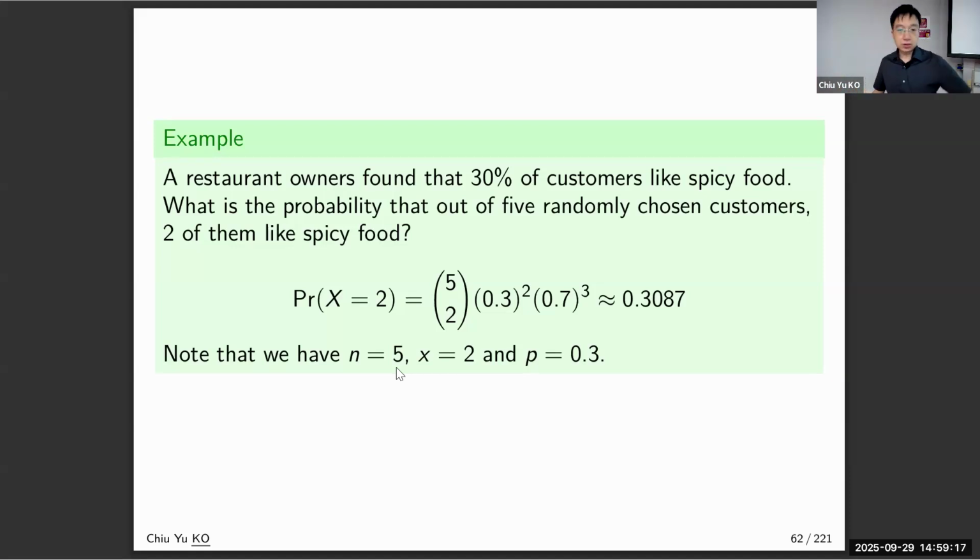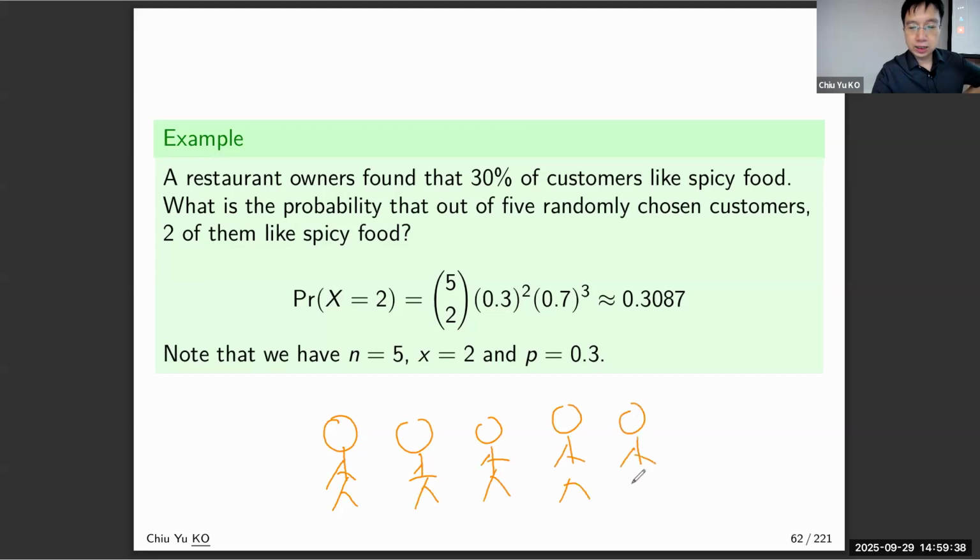So how can you do that? This is just simply a standard idea. Imagine that 5 customers are going to come in, and assuming they're independent, the restaurant owner would think, okay, historically 30% like spicy food.